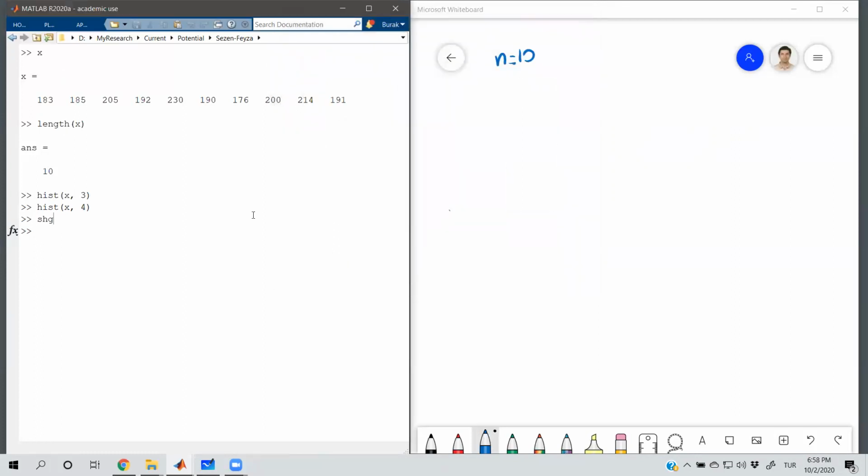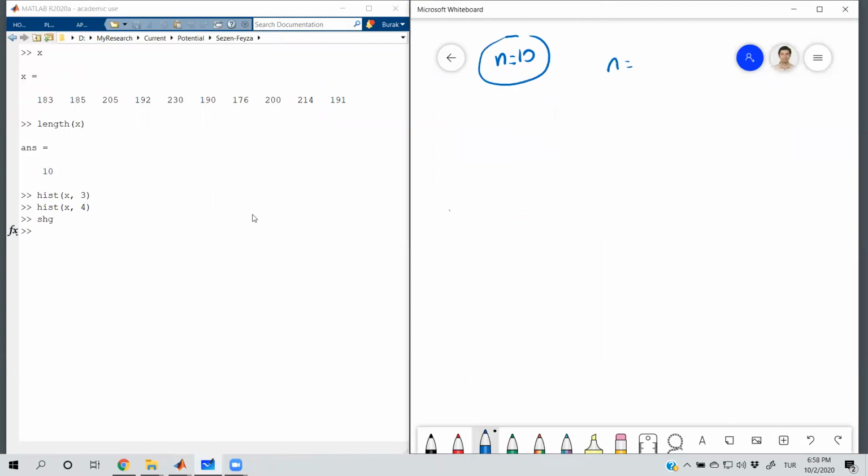So especially when you have a small sample size such as this one, and note that small sample size is the important case we are considering right now, because if, let's say, the sample size is equal to 50, we would not care whether X is normal or not, because X bar will already be normally distributed due to the central limit theorem, so we can easily use the normal distribution.